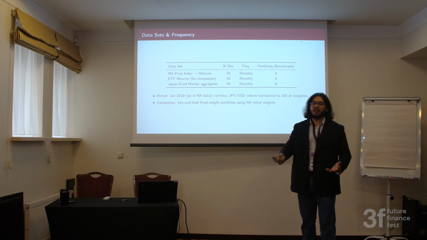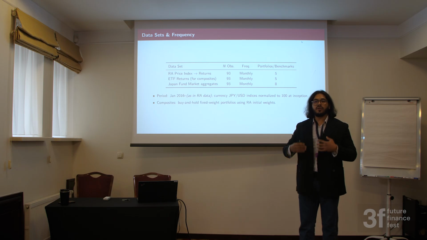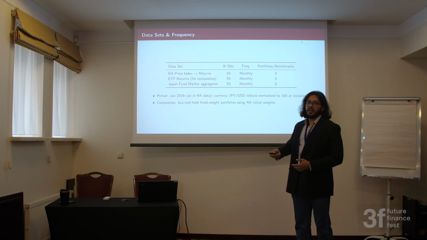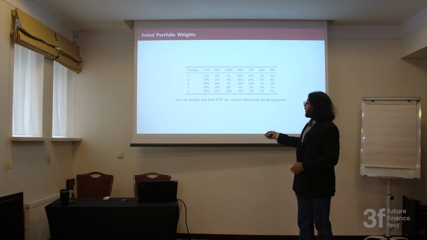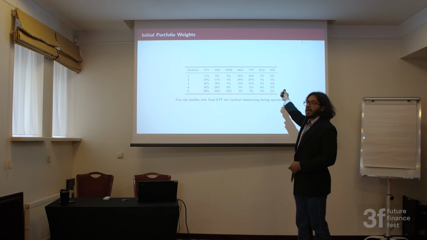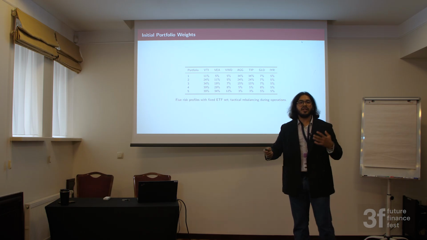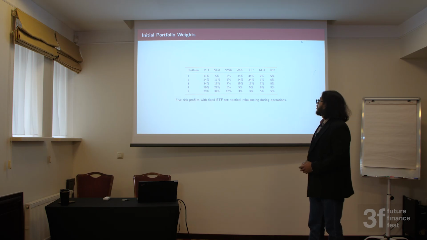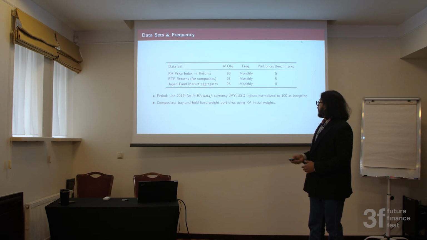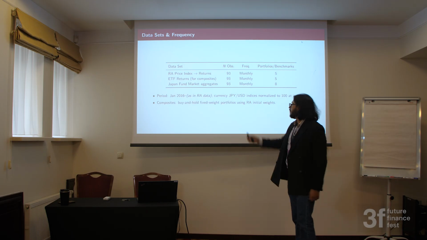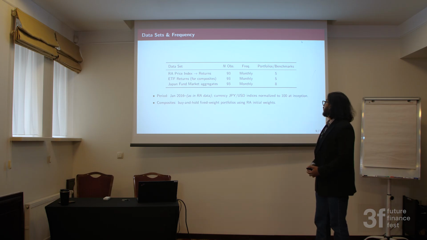And just so you know, I'm talking about the Japanese market, but of course the mutual funds that are listed, most of them have the same names. So we wanted to make sure that they were actually touching the same names in the portfolio allocations. So we created buy and hold fixed weight portfolios using the robo-advisor initial weights. We did some normalization based on the currency.